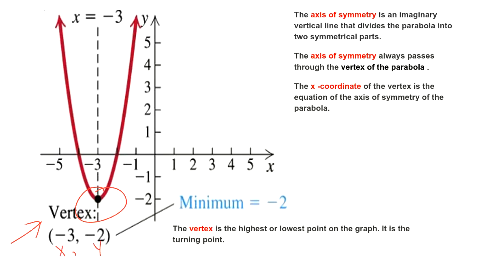So the equation for my axis of symmetry is always x is equal to whatever your x coordinate is in your vertex.